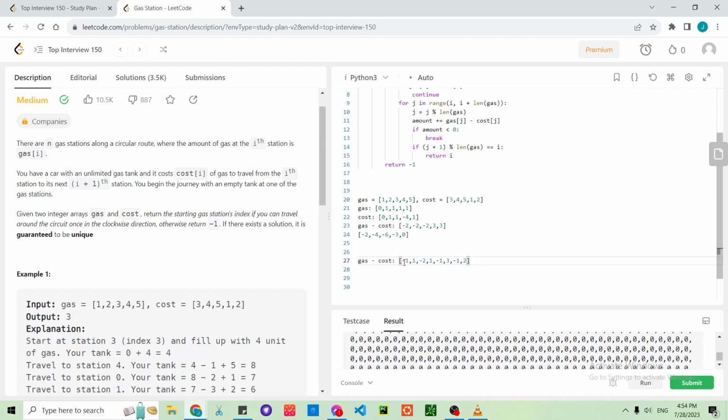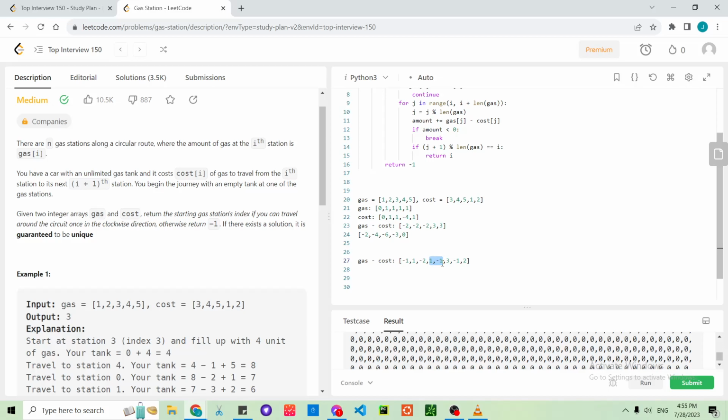Okay, let's see. After first station, we're left with -1. So that doesn't work. Okay, what if we start from here? After first station, we're left with 1. That doesn't work. That doesn't work. So what about this? Okay, that works.